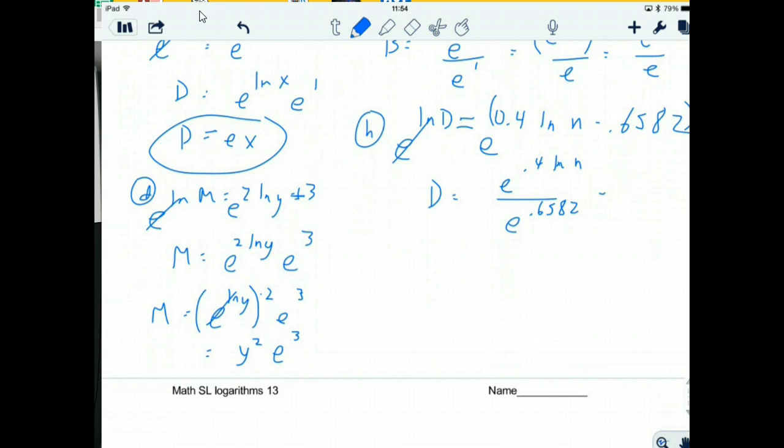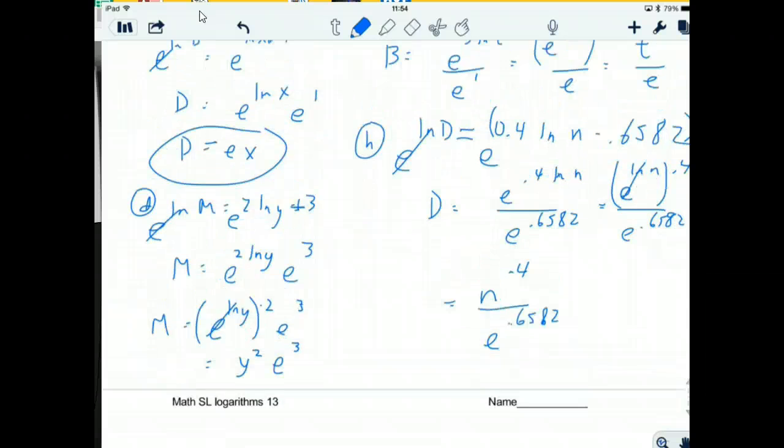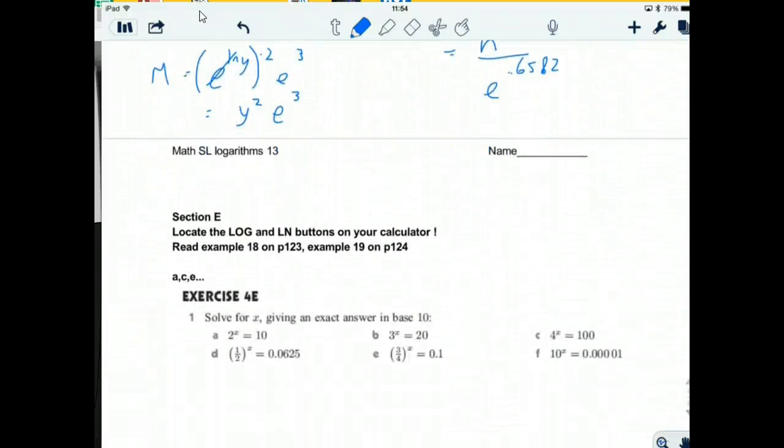We're going to reverse the order of this. So we're going to put e to the natural log of n to the 0.4. And then on the bottom, we're going to put e to the 0.6582. So then we have e to the natural log of n is n to the 0.4, and at the bottom we're going to have e to the 0.6582. Okay, and you can simplify that a little bit more, but I think that's okay. That was it.